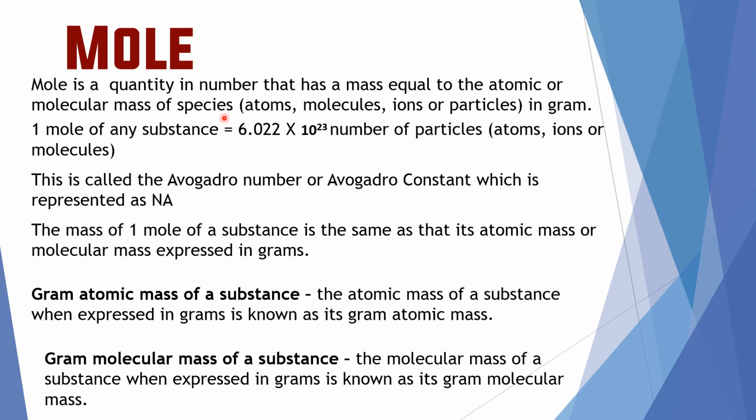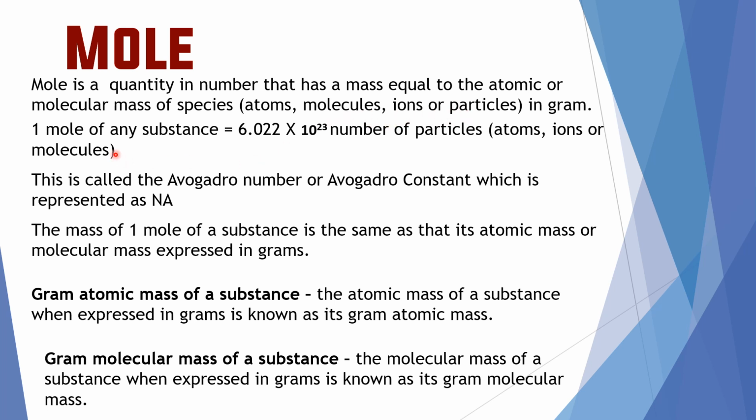So in the same way, mole is also that kind of a number, a quantity in number that has a mass equal to the atomic or molecular mass of the species in gram. That species may be atoms, molecules, ions, or particles.